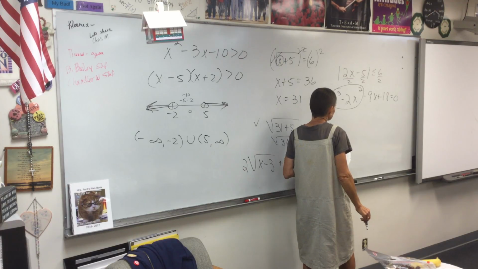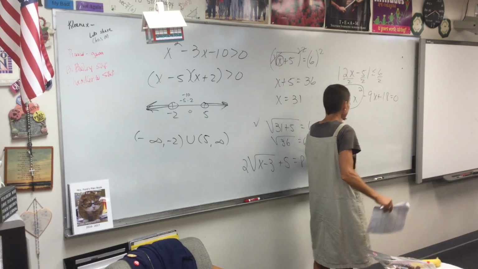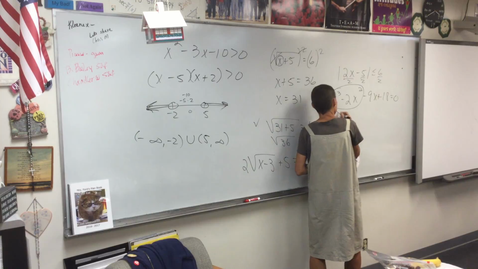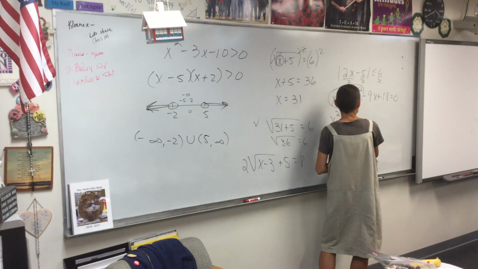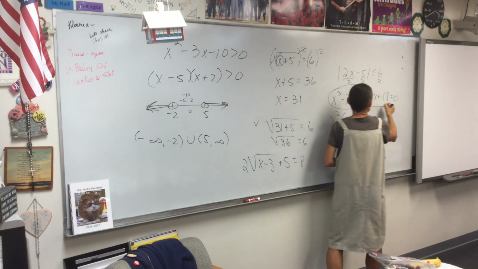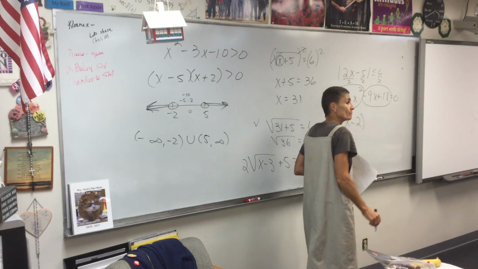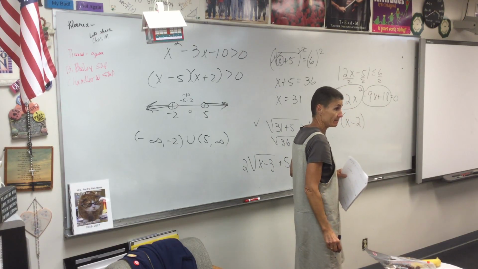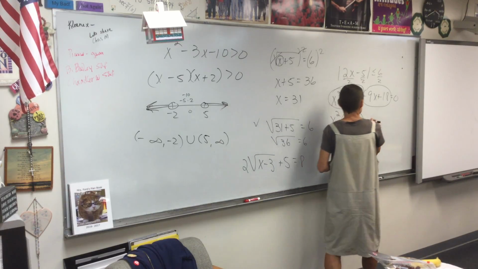And now what am I going to take out of here? 2 out of 2. I'm going to take out x squared, right. And then what do you want me to take out of these last two? A negative 9. I'm going to pull out that negative.